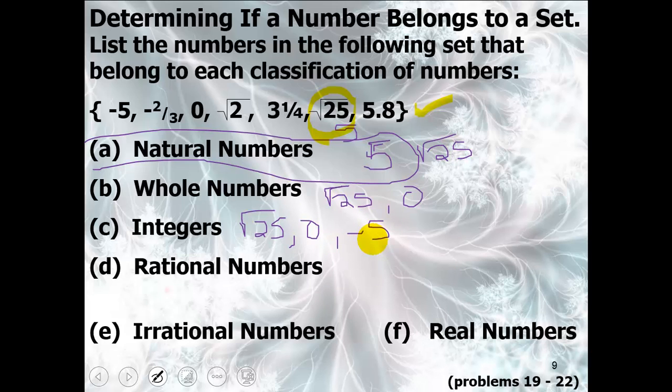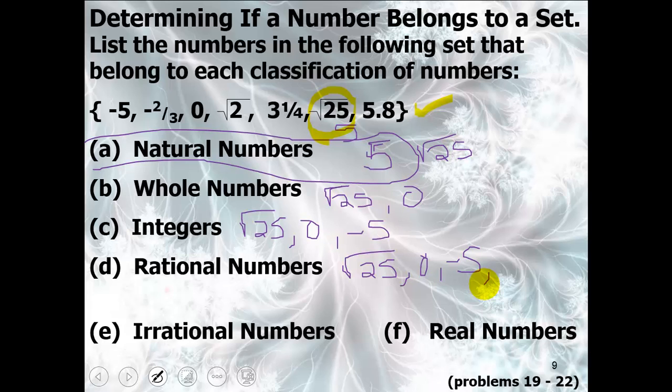The rationals are all of the integers. So I have the square root of 25, 0, -5, and then I have any terminating, repeating, or integer over an integer.